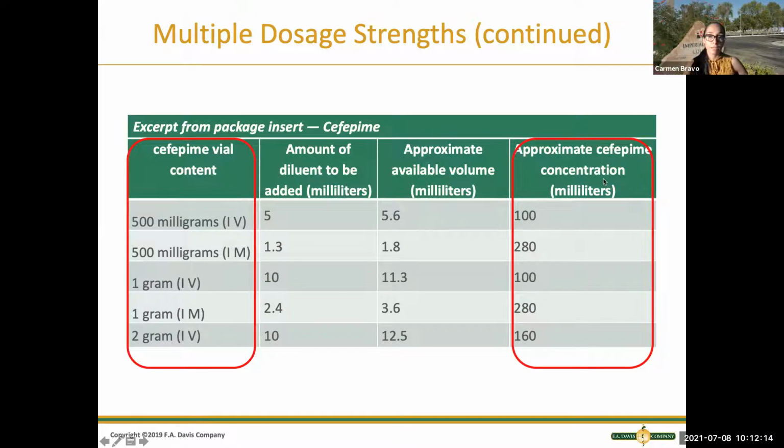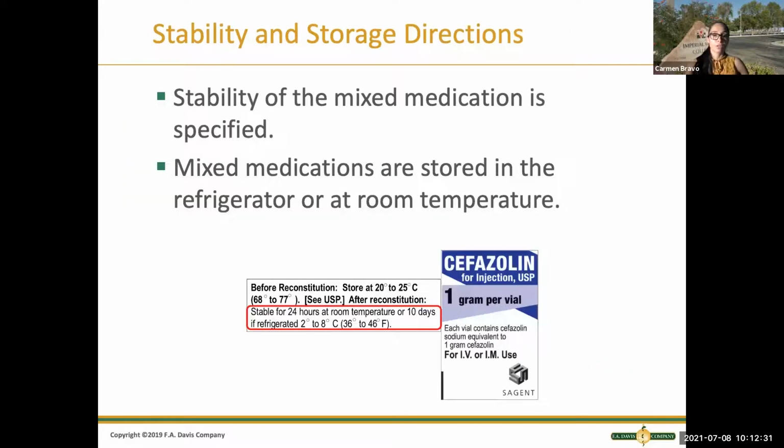And then this is going to be the concentration. It gives you one for each. It's the same as what I had shown you before, only that this is multiple dosage strengths, because when we do it through IV, we're dealing with more different dosages that could be ordered on the patient.